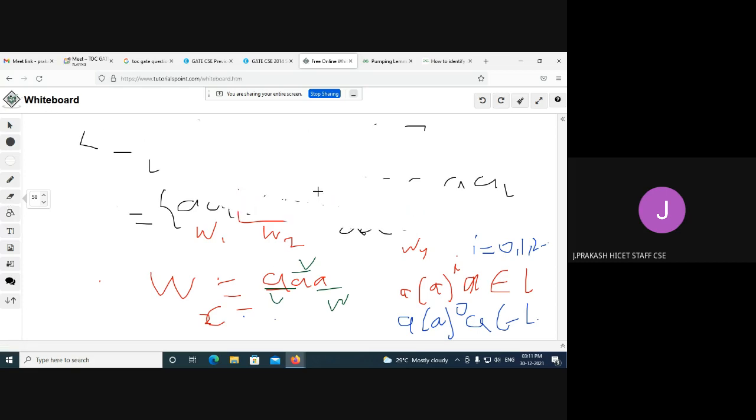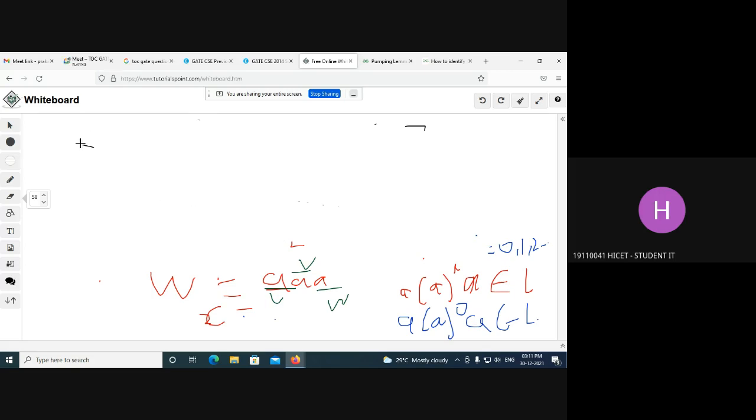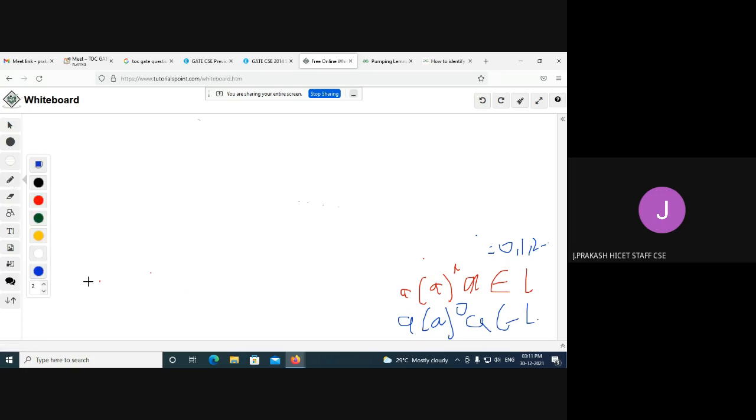L consists of prime numbers: A power 2, then 3, 5, 7. Now substituting anything with 0 will become 1. Here it will have A power 0, so A power 0 belongs to L.